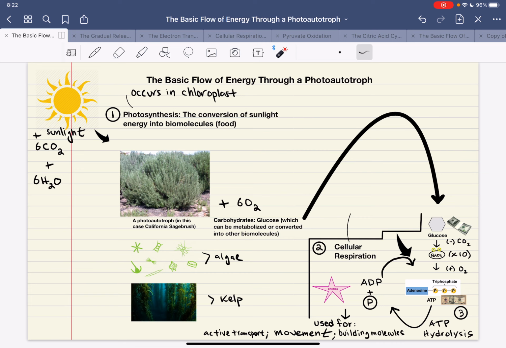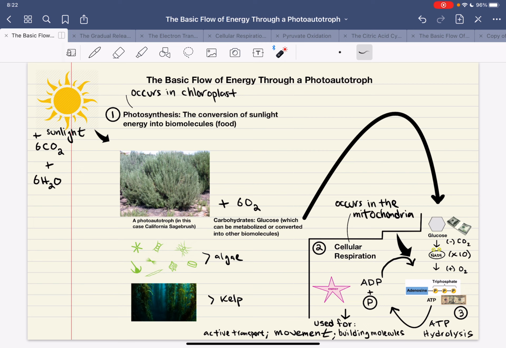So that's step 2. We're going to say, as we already learned, that this occurs in a different organelle called the mitochondria. And we learned quite a bit about this process, so we're not going to discuss it again in great detail, but it's the complete breakdown of glucose within a cell, within the mitochondria, releasing its energy and generating about 32 molecules of ATP per glucose.